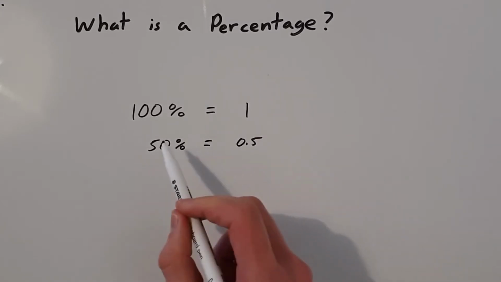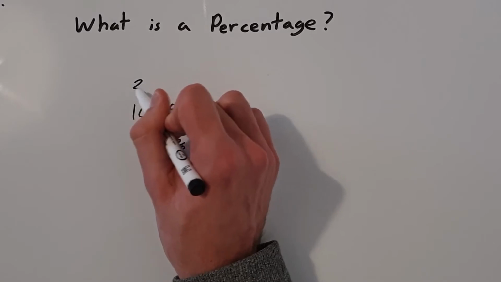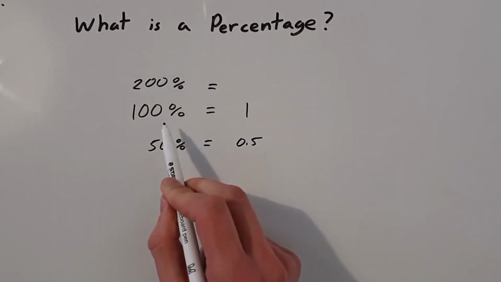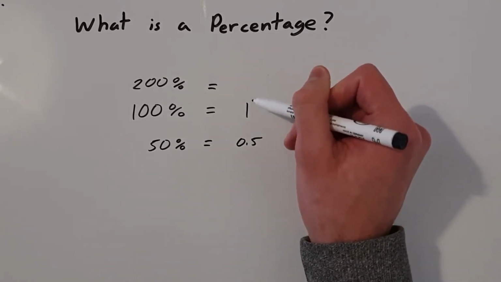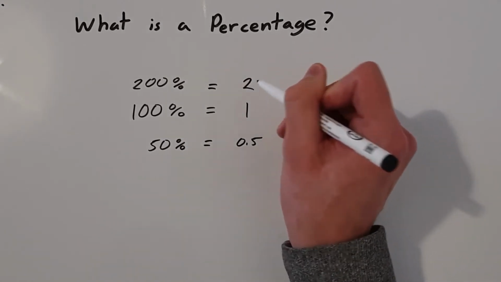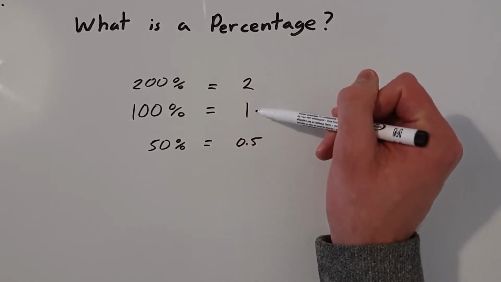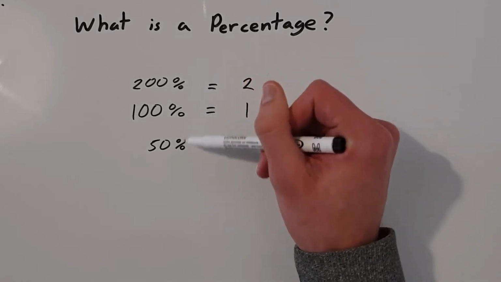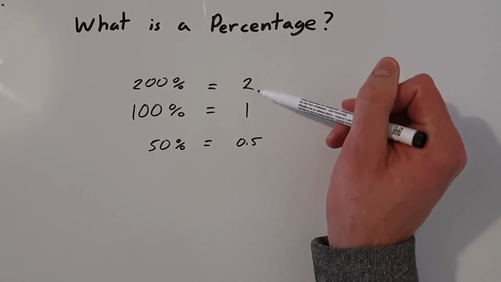And if we wanted to go the other way, 200% is double 100%, so 200% of 1 is double 1, so it becomes 2. And as long as you remember that 100% is the number in question, then percentages are good ways of representing the proportion of that number.